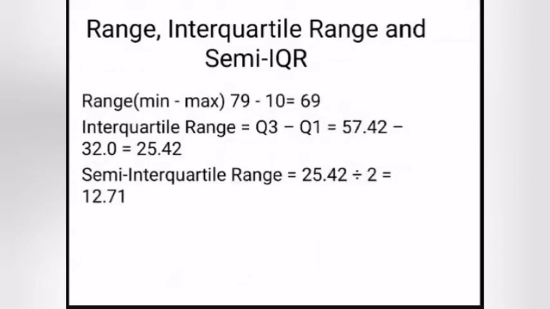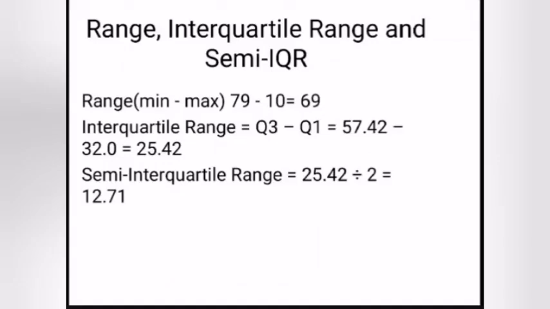So that's your range. The interquartile range is just the upper quartile, Q3, minus the lower quartile, Q1. We already found Q3 as 57.42 and Q1 as 32.0. So you do 57.42 minus 32.0, that's 25.42.